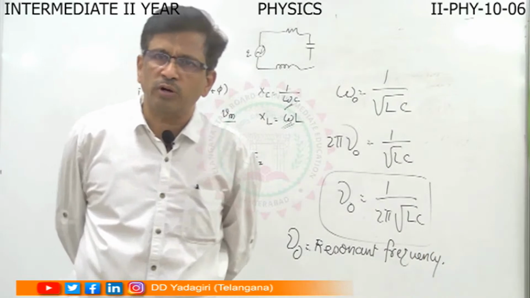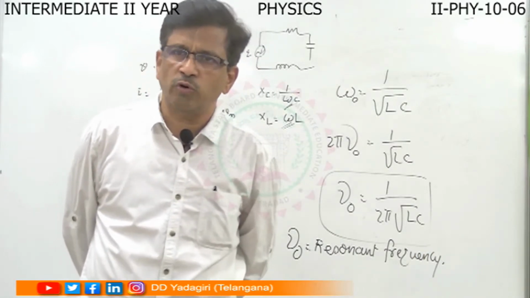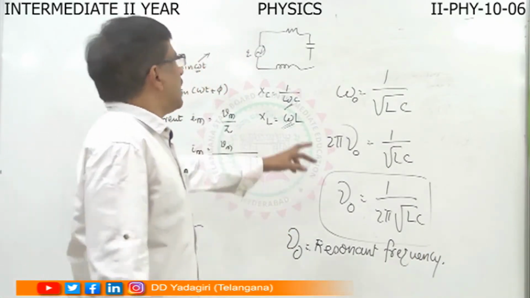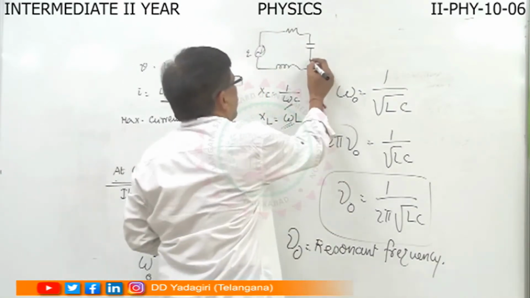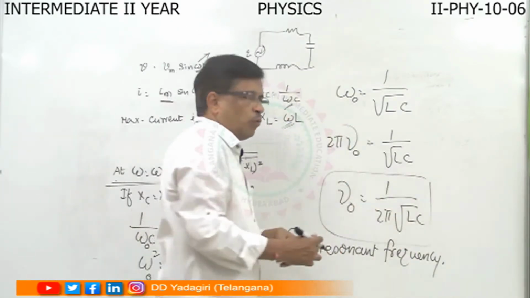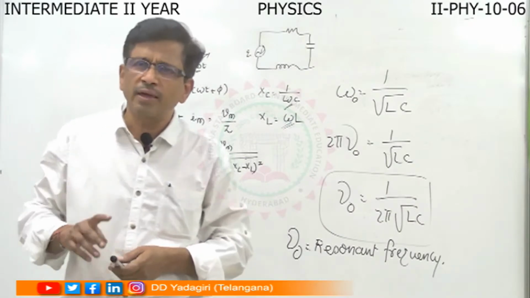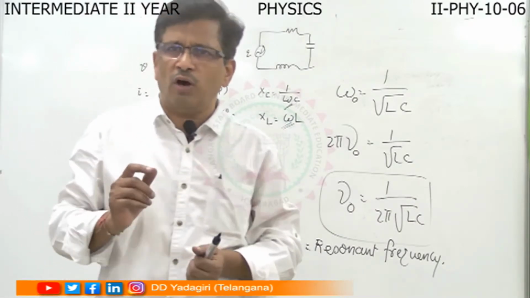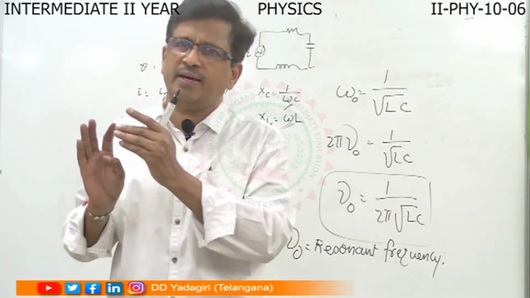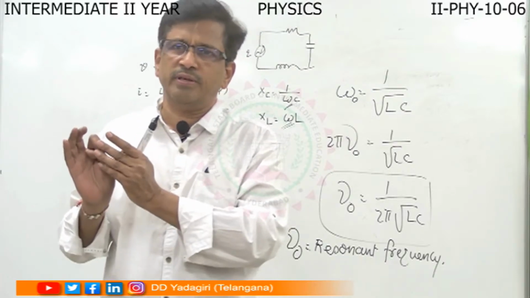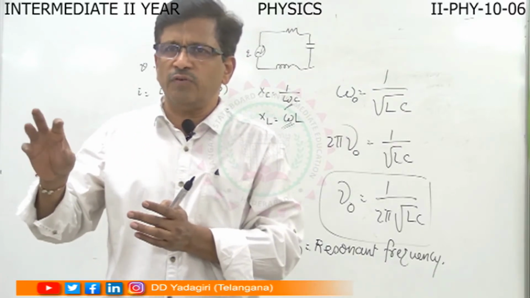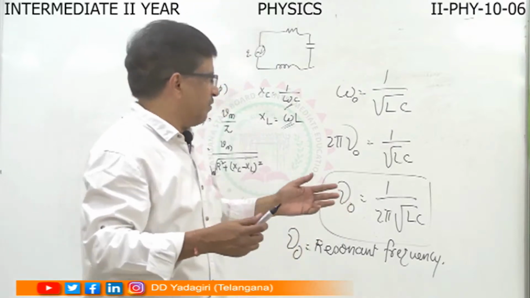Resonant frequency. So this LCR circuit has a resonant frequency 1 by 2 pi root LC. That means the resonant frequency depends on the inductance value and the capacitance value. If you vary capacitance or inductance, then the resonant frequency also varies.